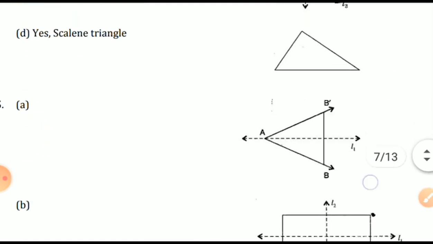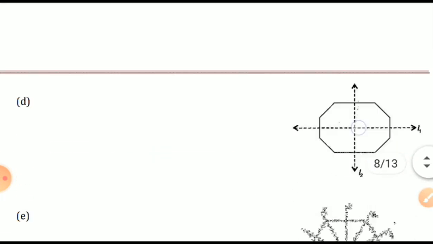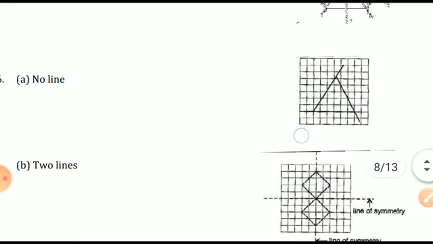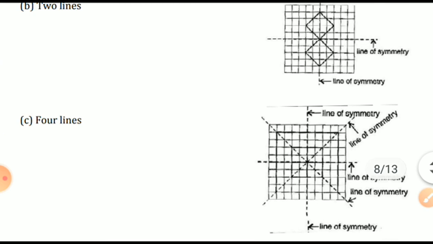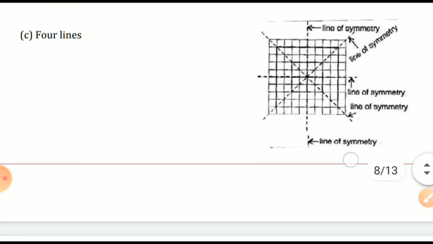Here we found it earlier. Look at the two lines of symmetry, and here 4 lines of symmetry for squares: first horizontal, second vertical, third diagonal 1 and fourth diagonal 2.